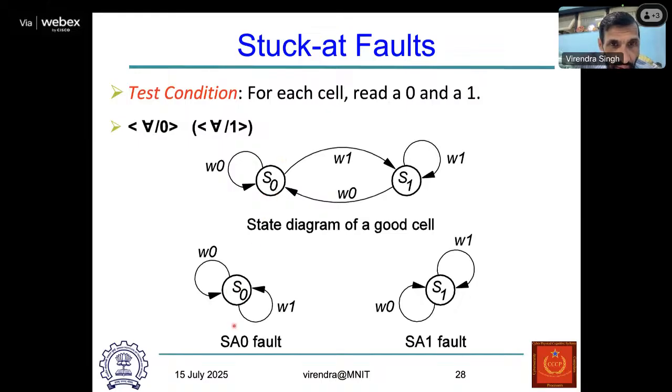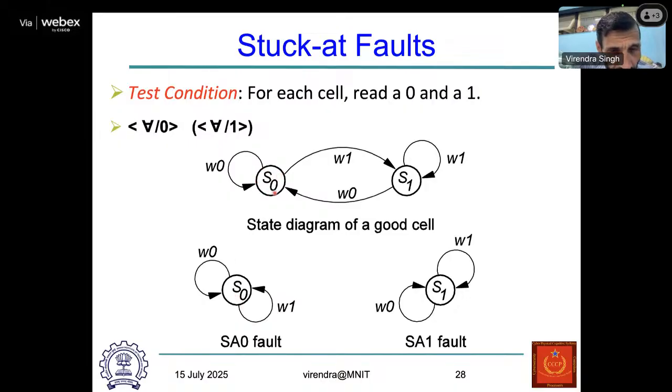What can be the test? If it is in state 0, and if I write 0 into this and read it, in both cases, whether it is faulty or fault free, it will behave exactly in the same way, right? Is there any way to distinguish whether it's a faulty cell or fault free cell? No, right?